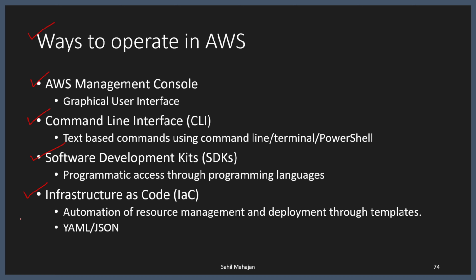And coming to our final way to operate in AWS is called Infrastructure as Code, also IaC. This is again very important because mostly when you work in organizations, IaC is what is used to manage and deploy resources to the cloud.